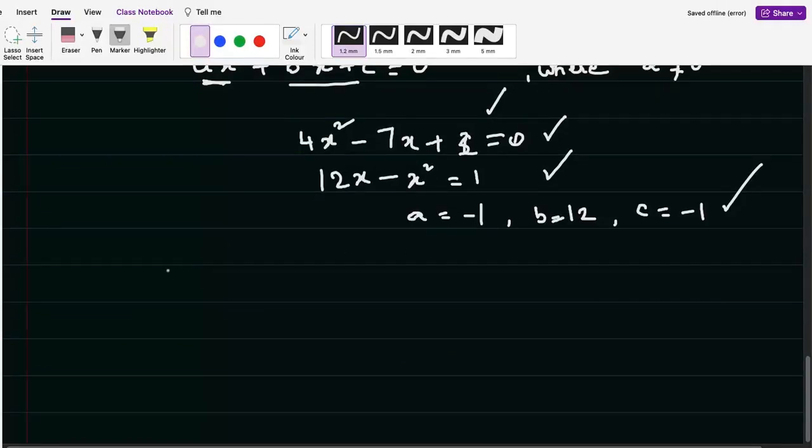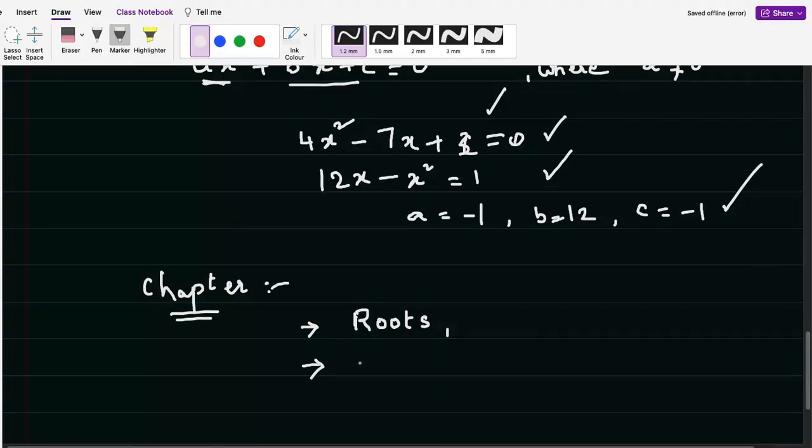So basically, in this chapter we are going to cover two very important things. First is the roots: how to solve for roots, and the different types of solving equations.